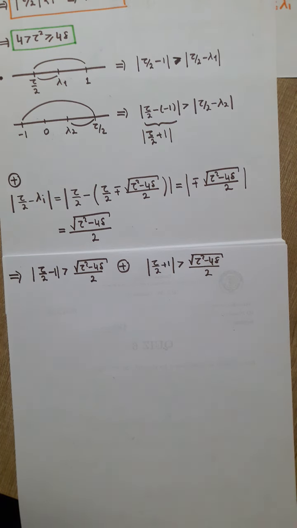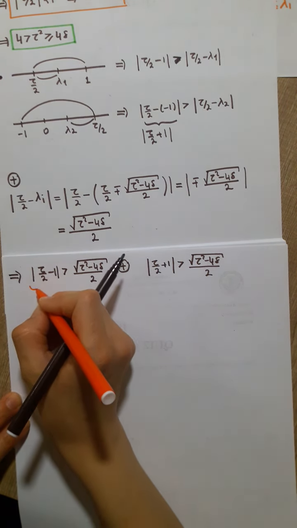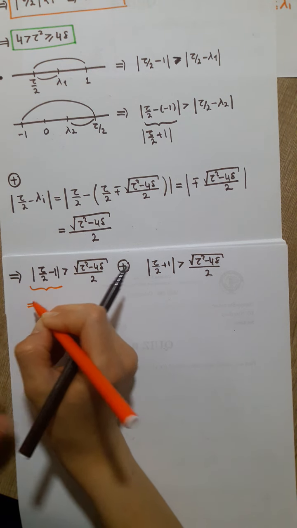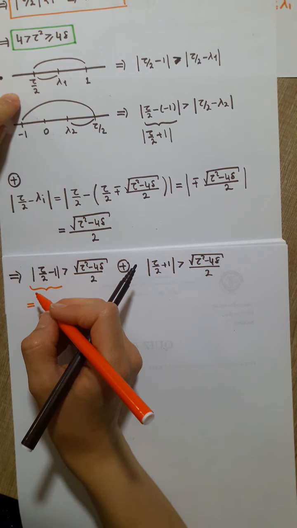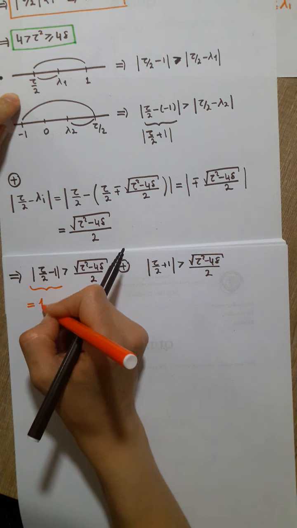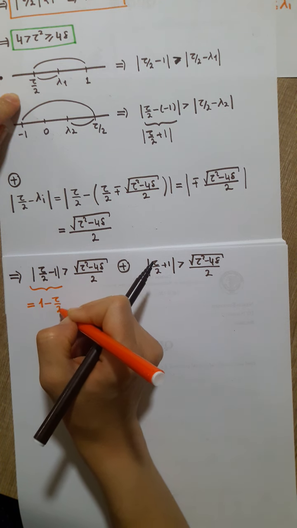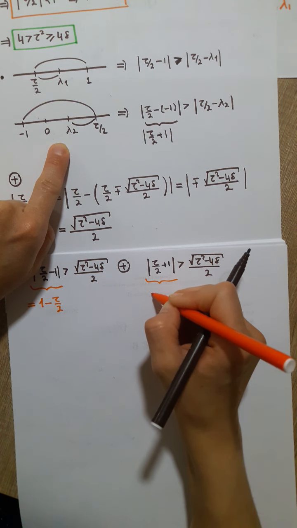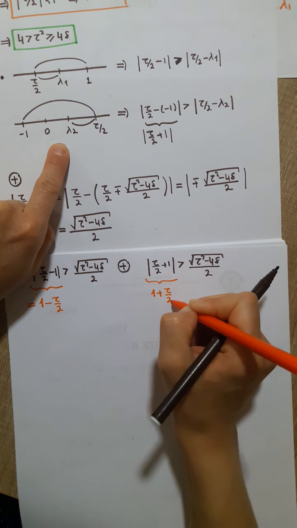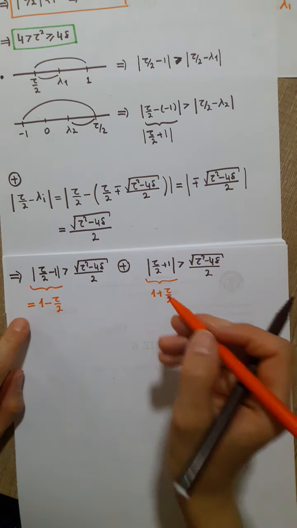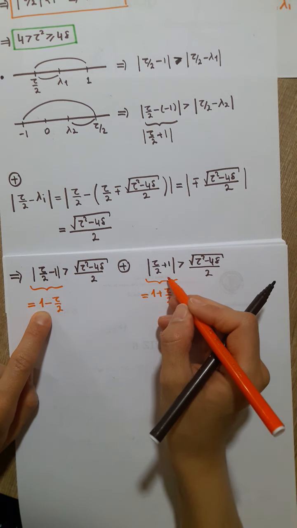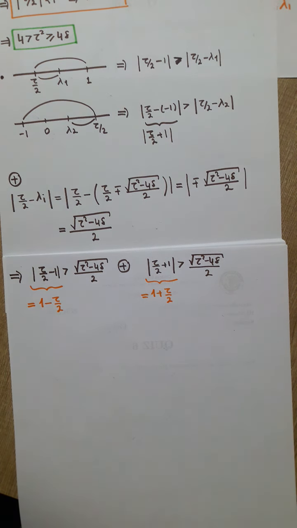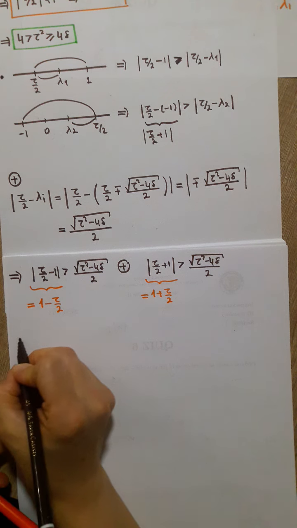Okay. Now, this is equal to, if you look at this side, this distance is 1 minus tau over 2. And this distance here is 1 plus tau over 2. So this and this can be represented using the following notation.